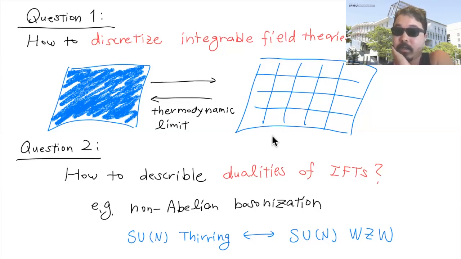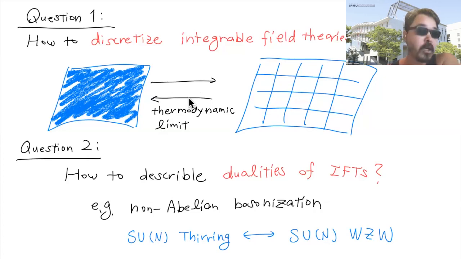There are some examples discussed in the literature making the connection, but we want to do this discretization procedure systematically. This is not completely trivial because we have to discretize while preserving integrability. Also, from a more physical standpoint, this is about the relation between UV physics and IR physics, so it involves RG flow. This type of question is relevant in statistical mechanics and condensed matter physics, for example.